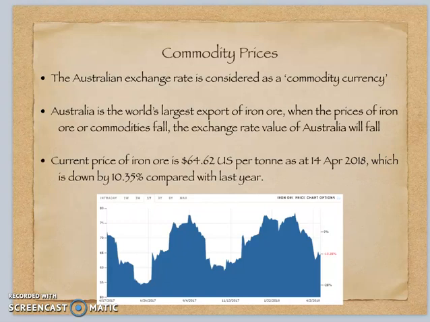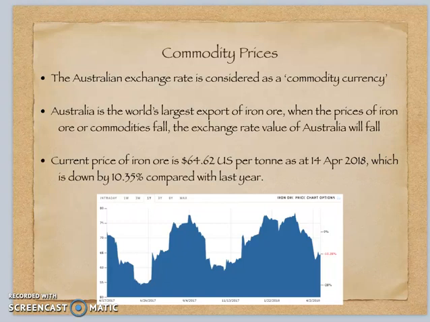If Australia has higher inflation rates, the exports are more expensive. Overseas importers of our goods will turn to other countries, and the value of exports will fall, hurting the demand and value of Australian dollars.